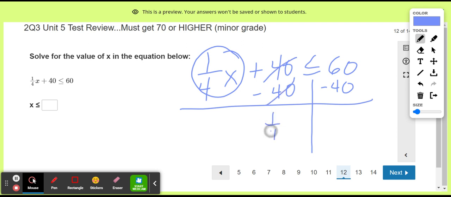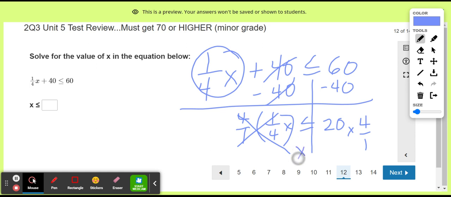Bring the variable term down to step 2, and the opposite of multiplying by 1/4 is multiplying by 4 over 1. So we're going to use the reciprocal of 1/4. 1/4 times 4 is going to cancel and give you 1. So now you have x is less than or equal to 20 times 4.